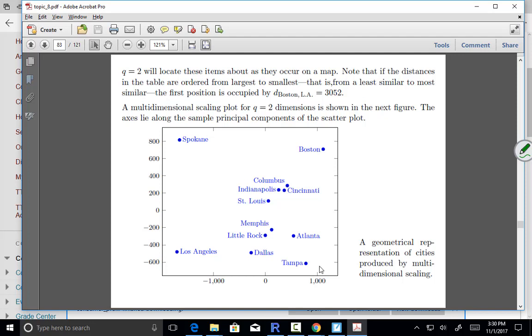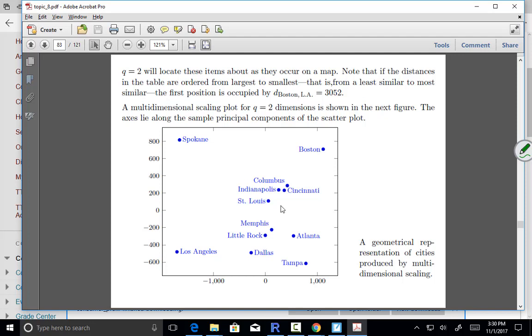So if you were to go back and look at the distances in the matrix, you could verify that those numbers suggest what I just said. Boston is further from Spokane than it is from Columbus. Go look at the numbers and that's true. Boston is roughly equidistant from Spokane and LA and Tampa. Go look at the numbers and that's true. So this is a computational way to create a meaningful visualization of data about which you have distances.